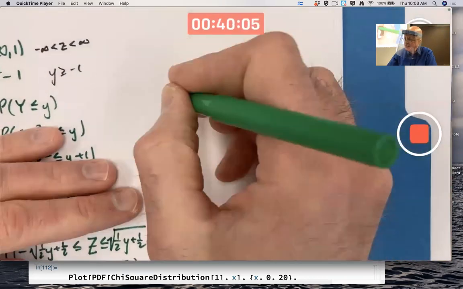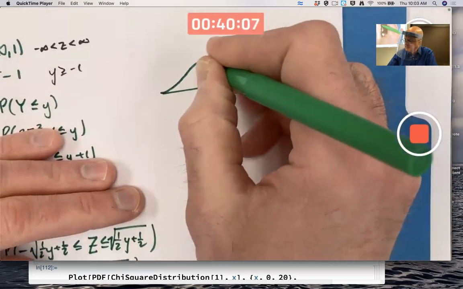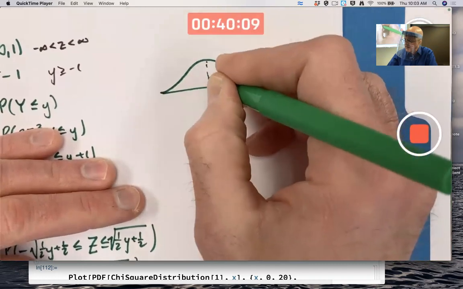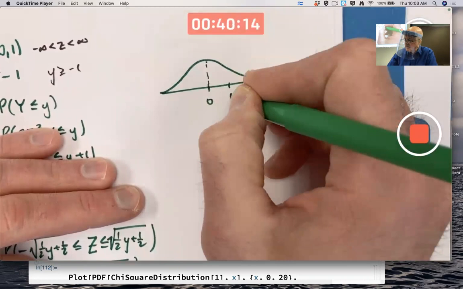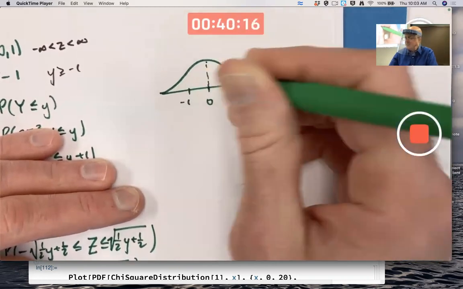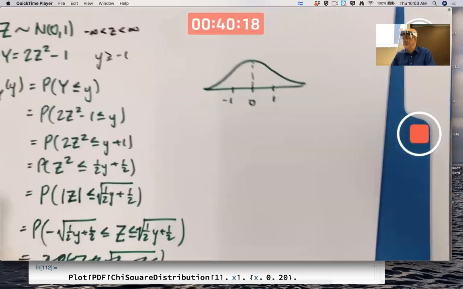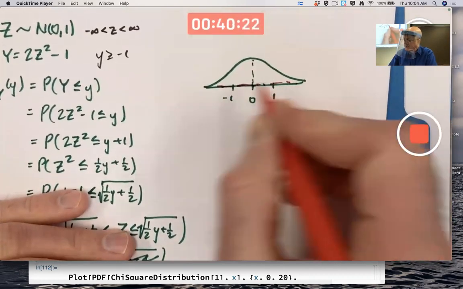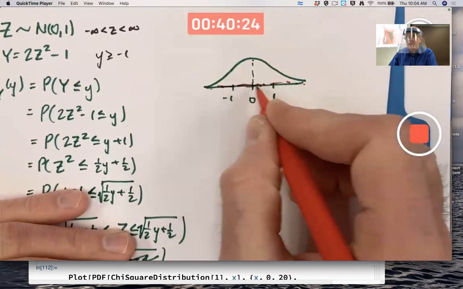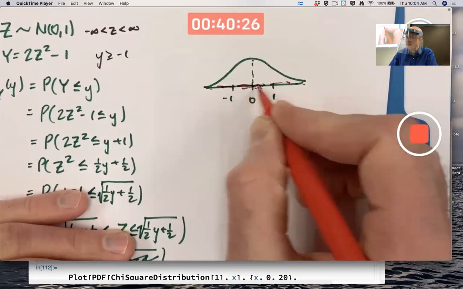You think about a standard normal distribution, there's the PDF, standard normal. Simulated data values are going to cluster close to 0. Every once in a while, not. But they'll almost all be between -3 and 3.